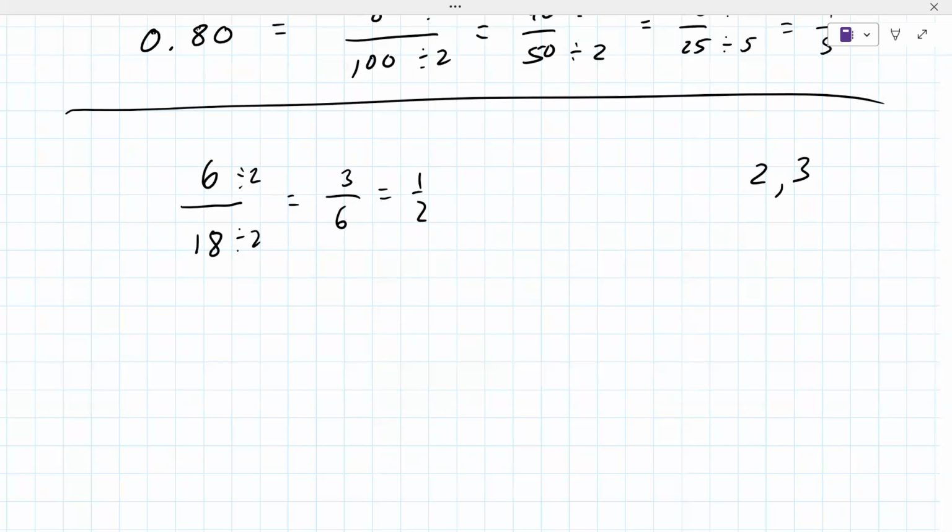Okay, let's try another one here. How about 8/20? What does that become? So always start with 2. 4/10.